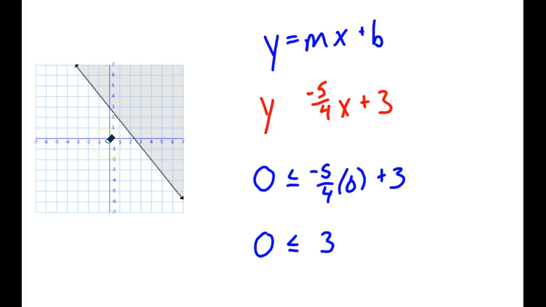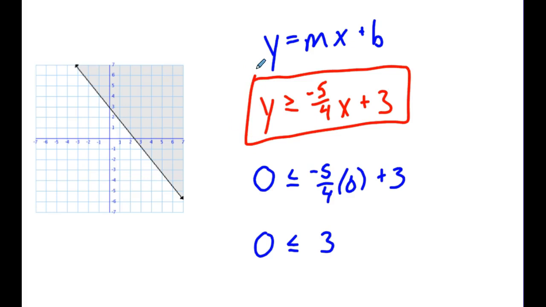But since that origin was not a part of the shaded region, which represents the solution, that means our inequality symbol is going to be the opposite of what we came up with. So we would have y is greater than or equal to -5/4 x plus 3. So this is the linear inequality that represents the graph of the shaded region.